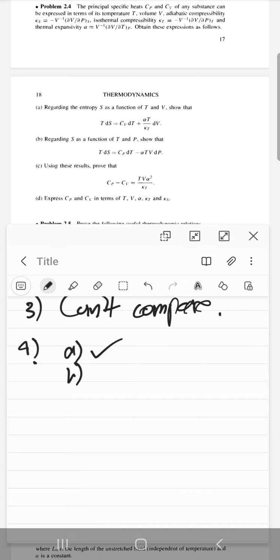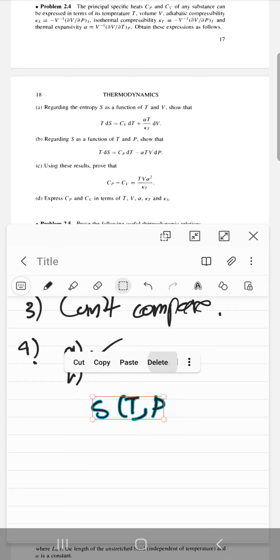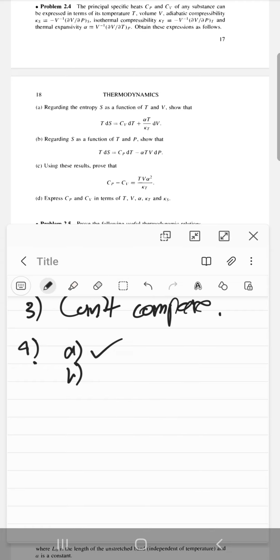Oh, come on, will you just not ever stop? So now you're thinking of entropy as a function of temperature and pressure. Amazing. So now first thing that we want to show is that Cp by T is equal to partial S by partial T at constant pressure.